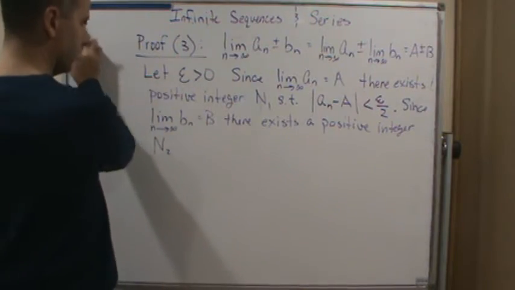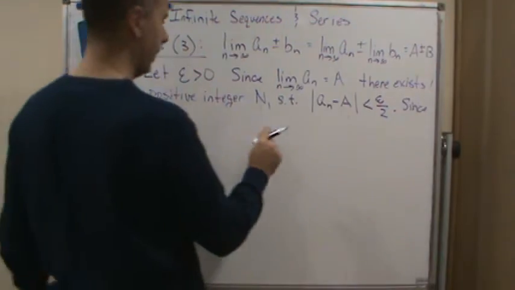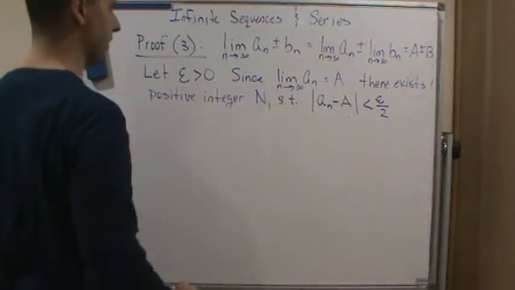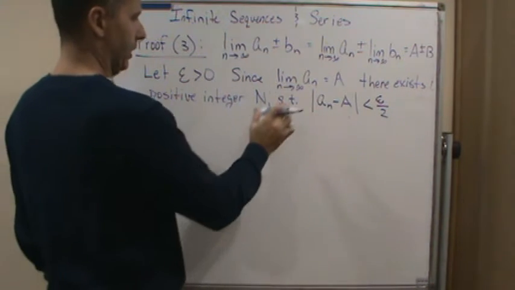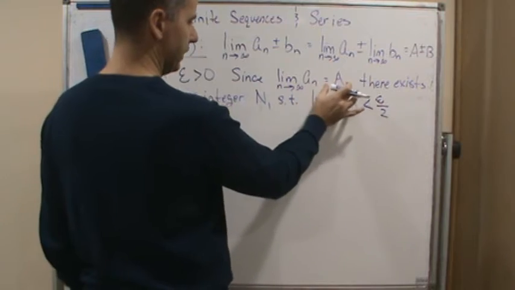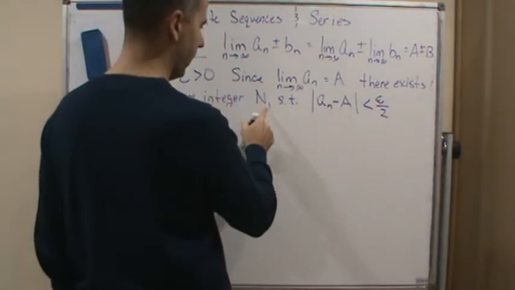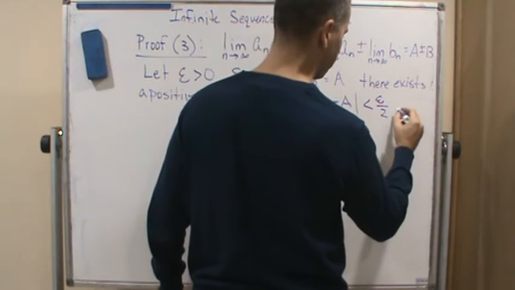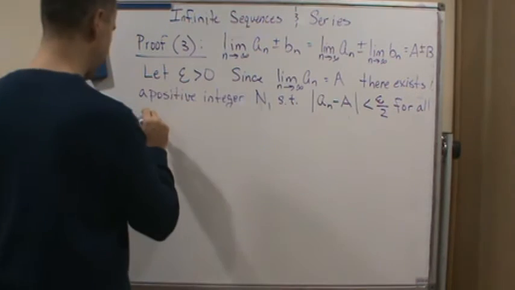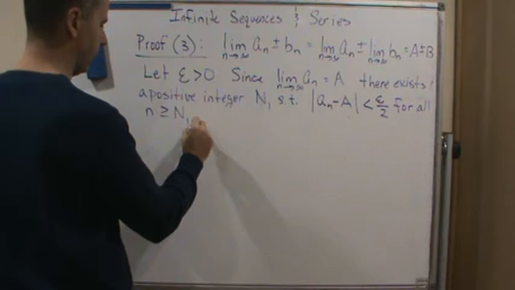Oh, hold on. I want to be complete here. I forgot one piece of the definition. Since the limit of a sub n as n approaches infinity equals a, there exists a positive integer n1 such that this holds true for all n greater than or equal to n1. That's what I forgot.